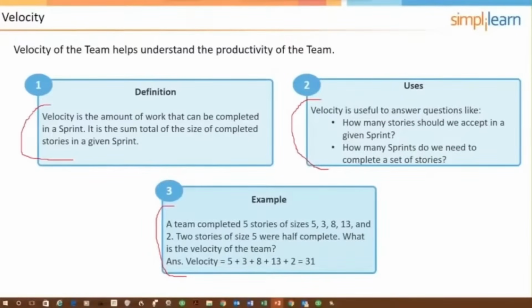And the answer is either going to be 31 or 36. 31 is the sum of the completed user stories. If you said 36, you were claiming half of the 2 that were 5, so that would be a total of 10. You claim half of it, which would be 5, and that takes you to 36.